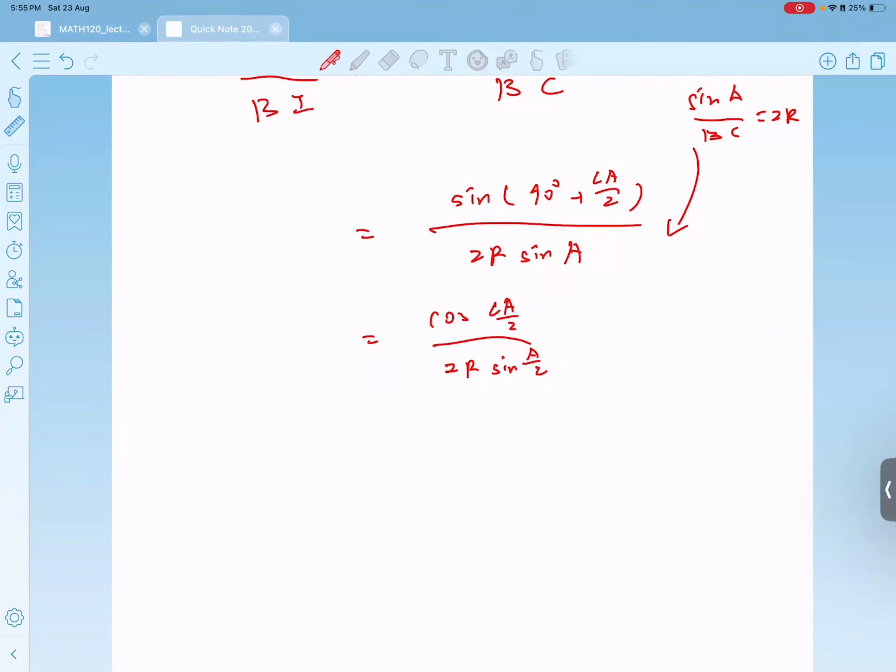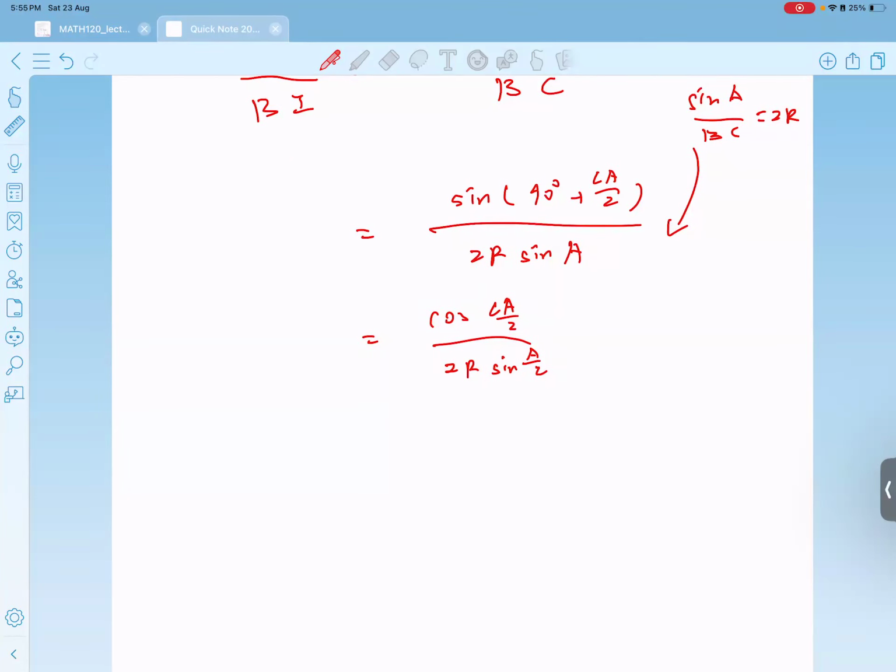And we're going to do one more thing, which is to actually introduce the radius. So I is the incenter and we do have r, and then BI is sine C over 2. So r over BI is sine B over 2.